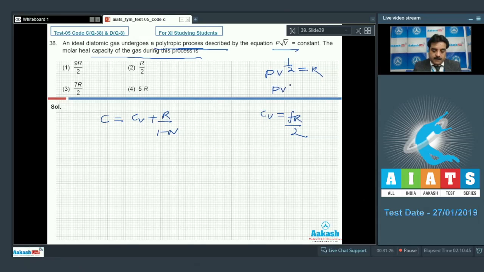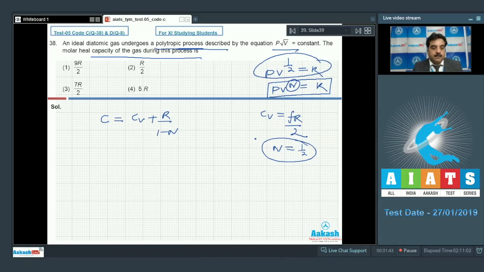If any process is like PV to the power n equal to constant, and n does not match the value of gamma, this is called a polytropic process. So when you compare these two equations, you get the value of n as 1 by 2. Now I am going to place the value of Cv, because the degree of freedom will be 5.